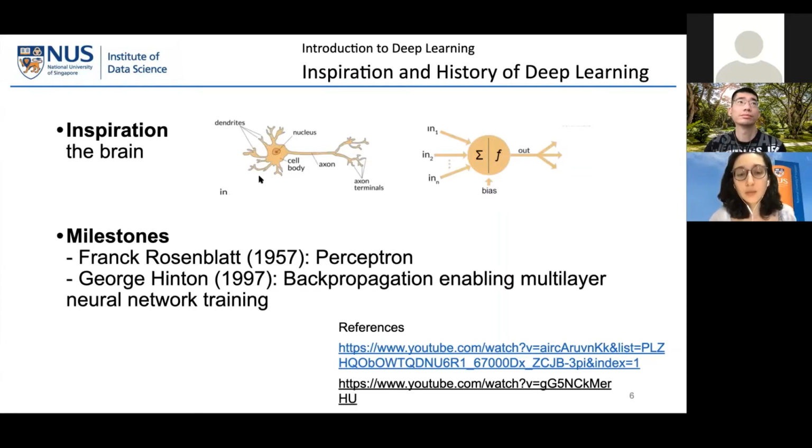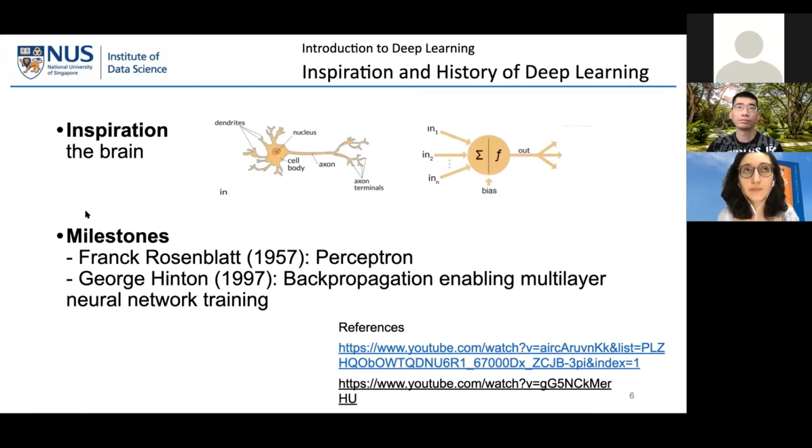Because it's sometimes possible to model the brain neurons by some function that takes some input signal, computes some function inside the nucleus, and then releases some output signal that will be transmitted through the axons to other neurons, to other cells, right? So that's the inspiration behind it.